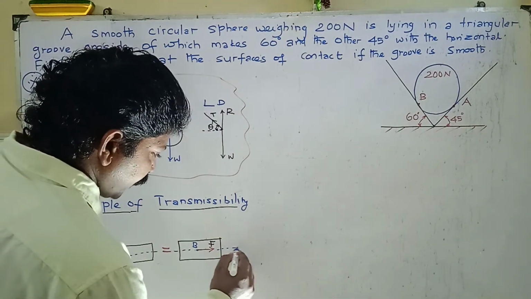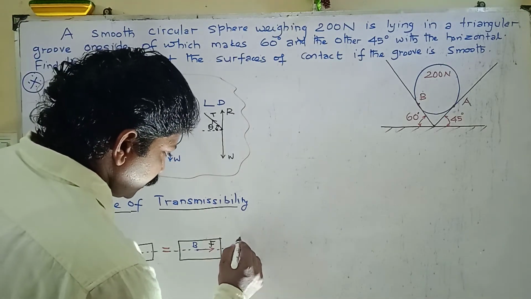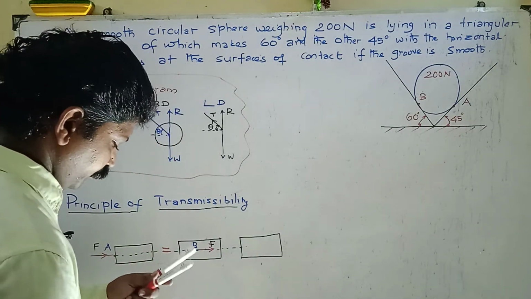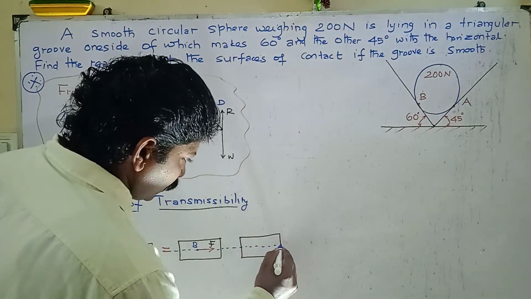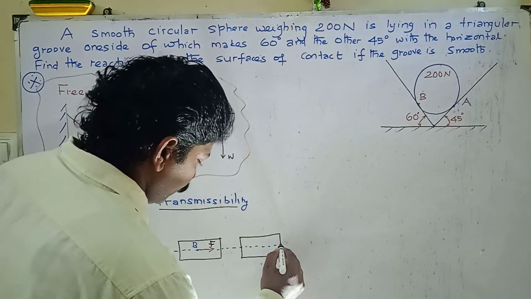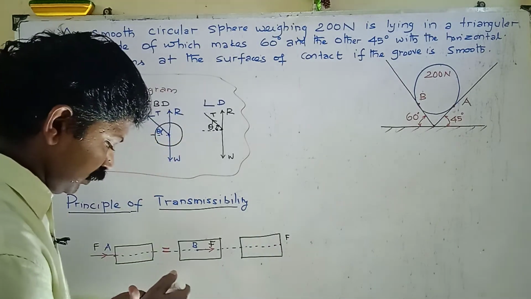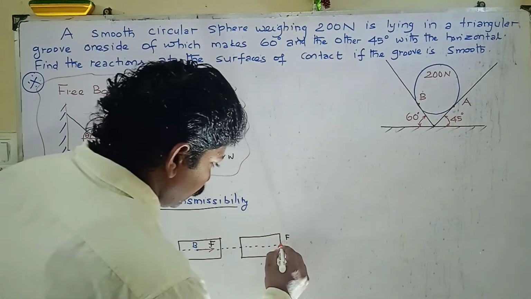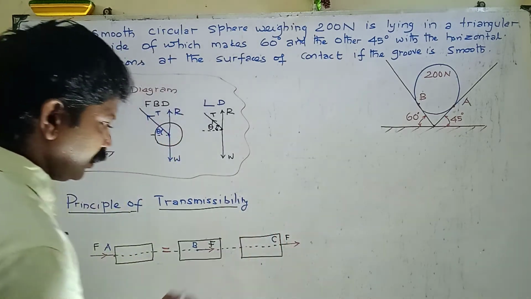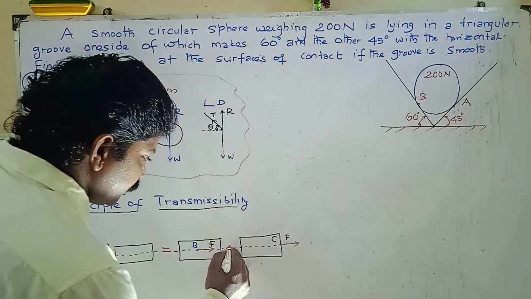If the force acting on the body is shifted to another point, C, on the same object, the external effect of the force on the body remains unchanged.